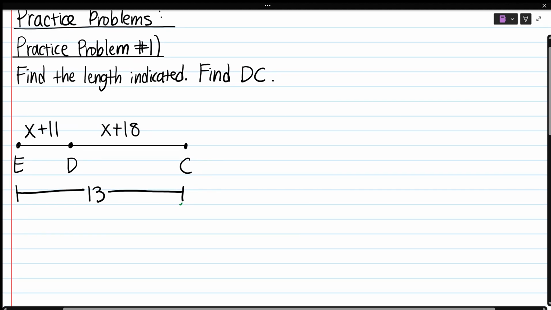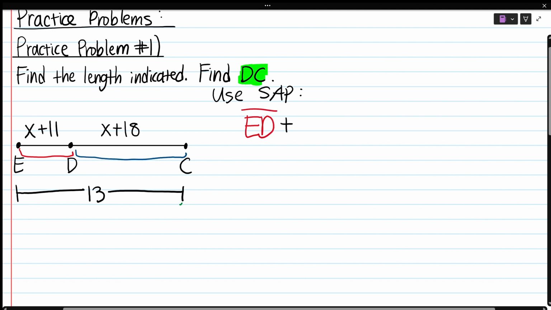Find the length indicated, and we're trying to solve for DC. Let's find DC, okay? So we're going to use segment addition postulate, SAP. That means this part of the line, ED, plus that part of the line, DC, is equal to the entire line, which is EC, from start to finish.